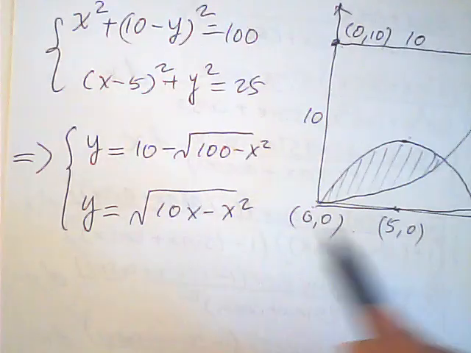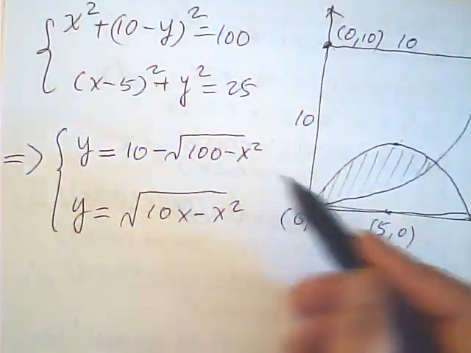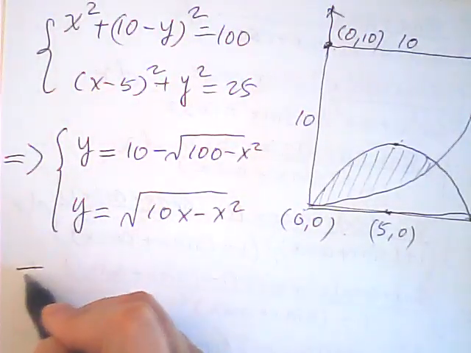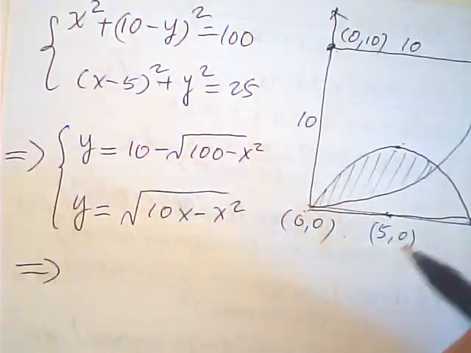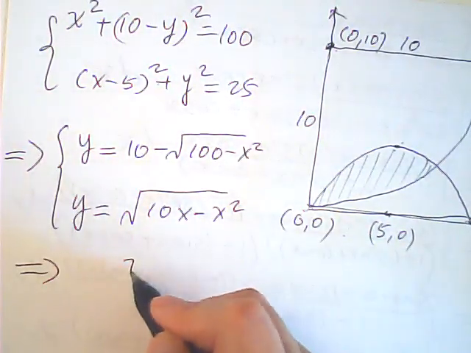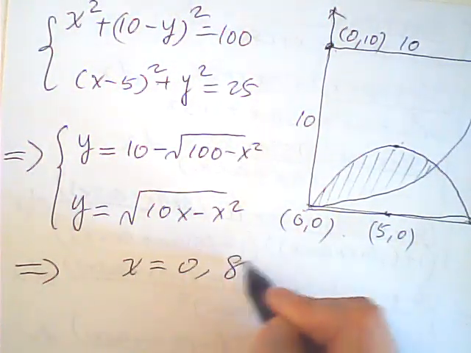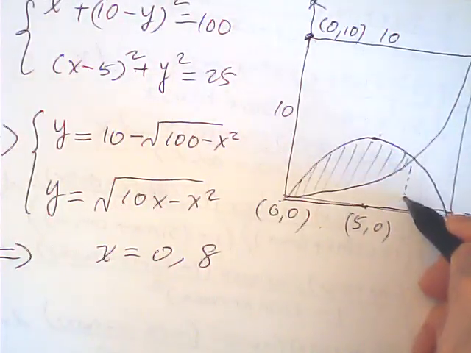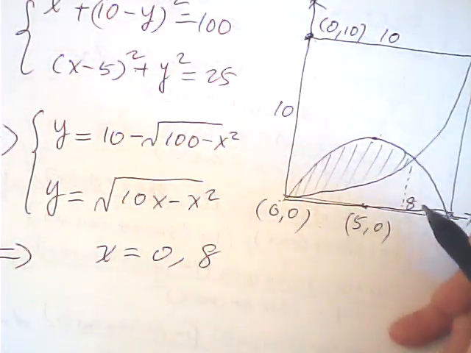So in other words, we get these two curves, the equations, and then solving these simultaneous equations, we get x is equal to 10 and 8. And this is 0, this is 8.